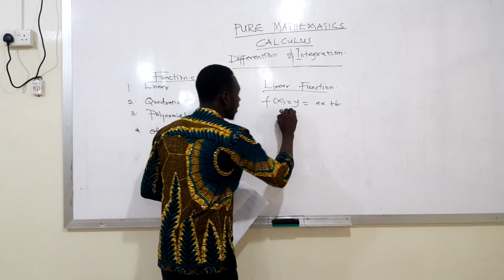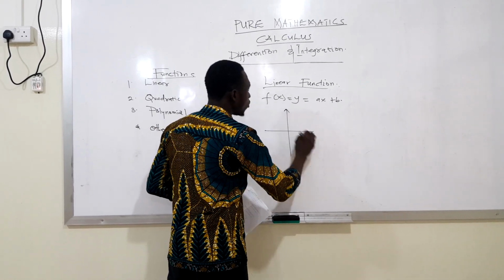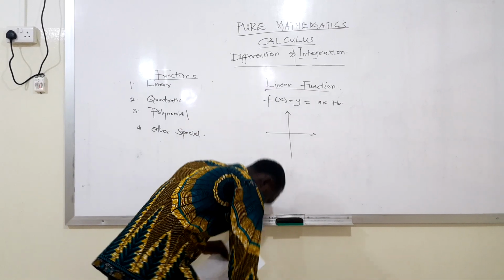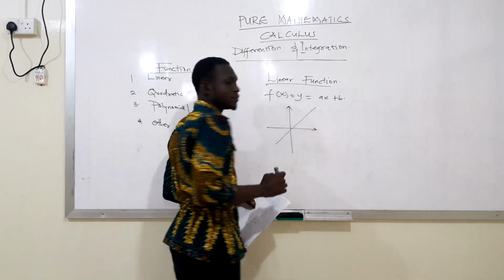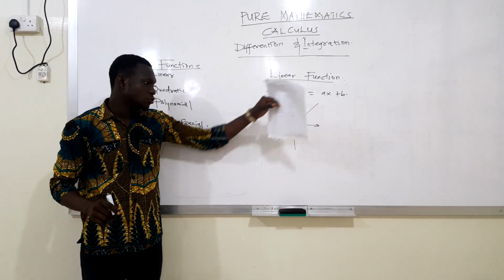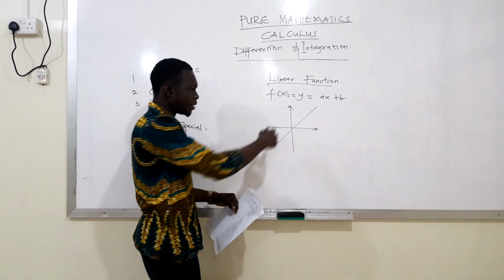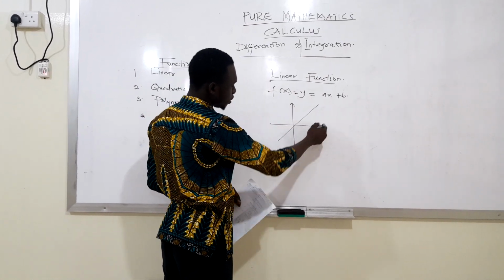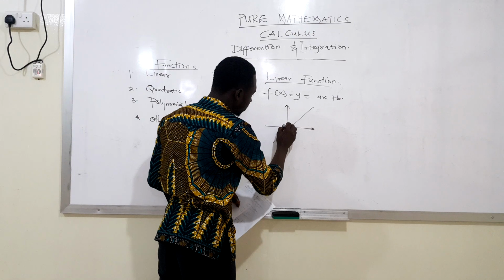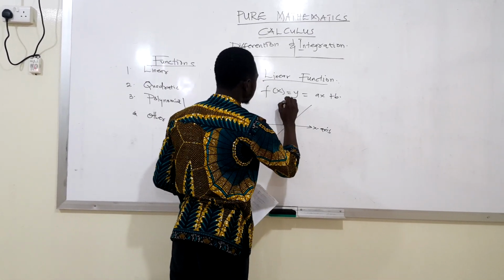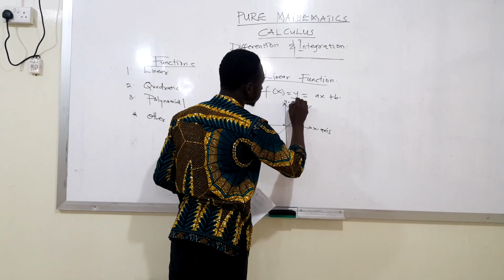So having an xy plane or a two-dimensional plane, and seeing there is a straight line passing through somewhere on the y-axis and any other place on the x-axis. This is my origin and this is my x-axis and this is my y-axis.